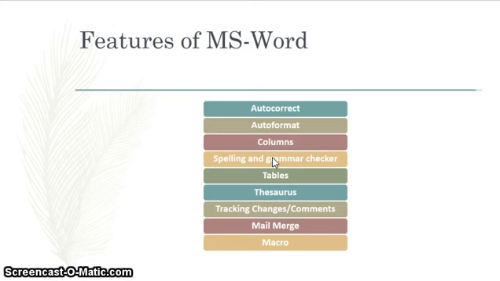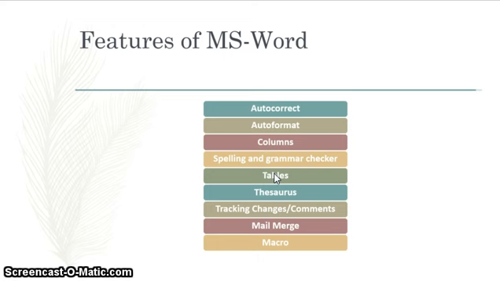In the same way, if you have written a grammatically wrong sentence, a green colored line appears on that sentence, and it shows suggestions for correcting the grammatical error.